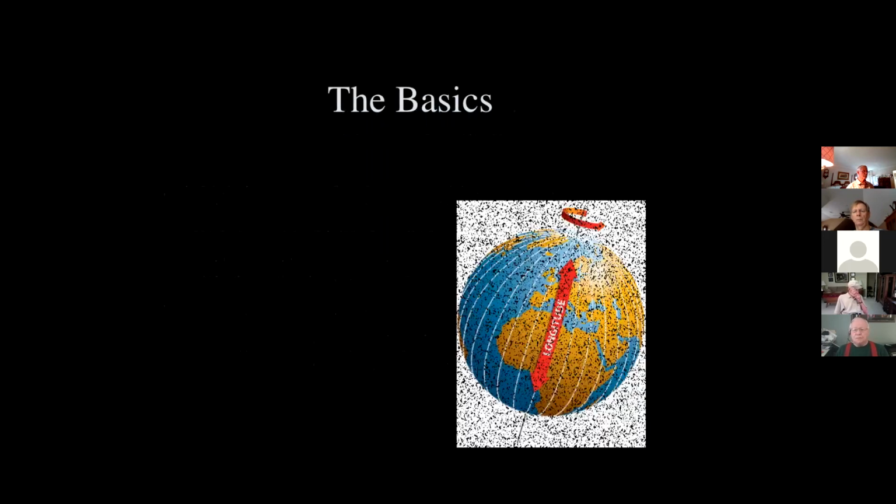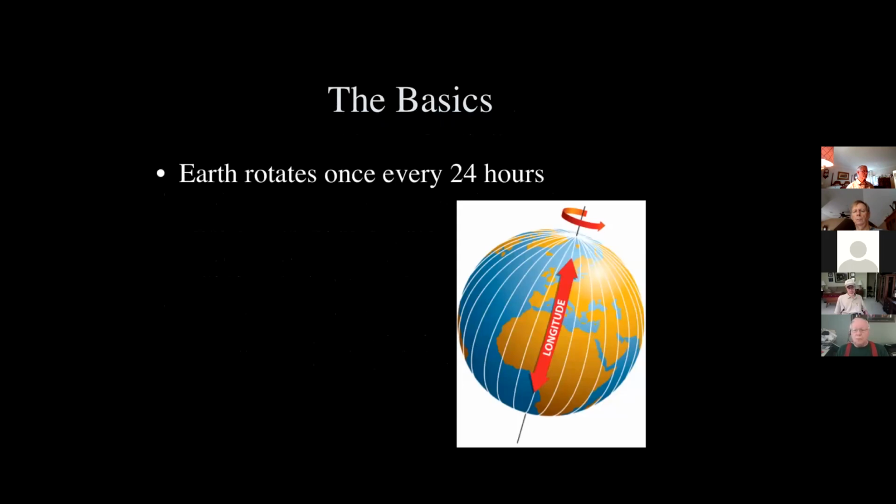So here are the basics. The Earth rotates once every 24 hours. So we say that the Earth passes through 360 degrees of longitude every 24 hours.